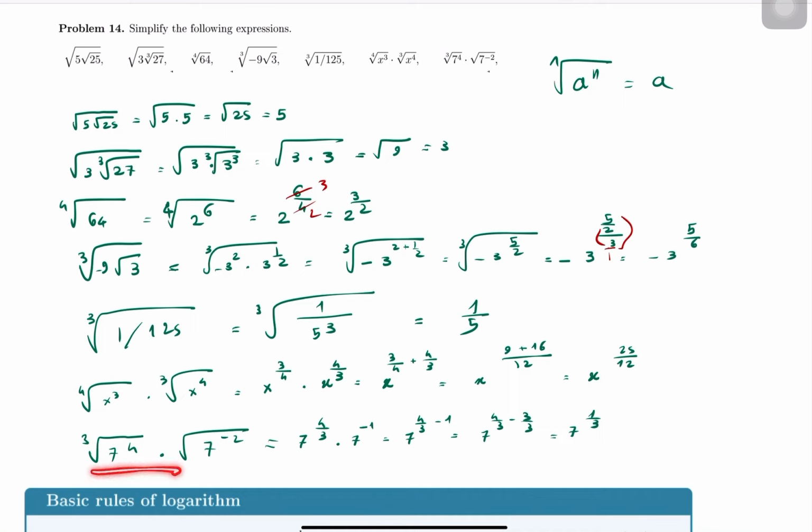Also the same here: 7 power I have to put here and root here. Again, because the power equals the root, this negative sign will be here, and because the base is the same, the powers add together, and the result will be 7 power 1 over 3.